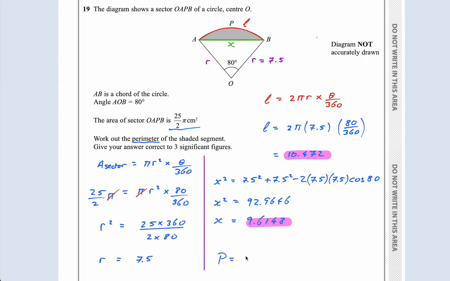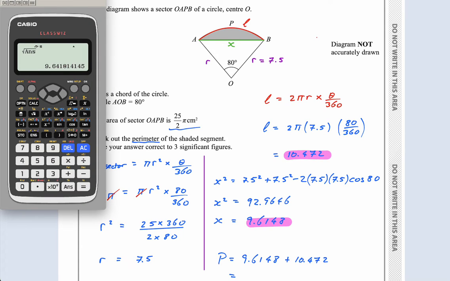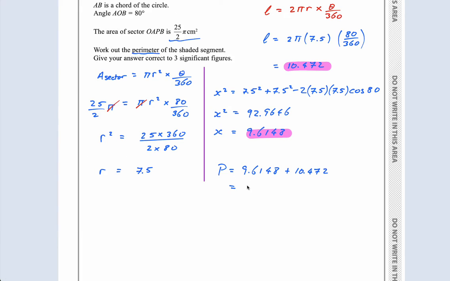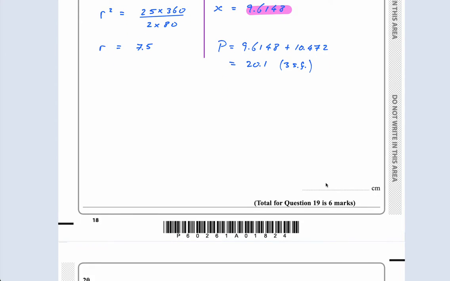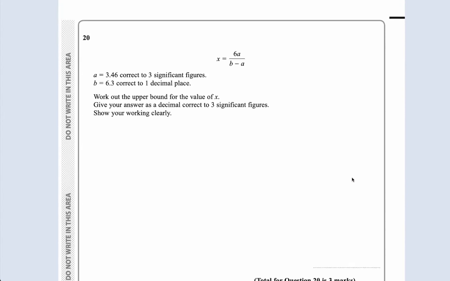So the perimeter P is equal to 9.6148 plus 10.472, which equals 20.11, and he wants it to 3 significant figures, so I'll just go with 20.1. I'll write here 3 significant figures, and here I'll write 20.1. Okay, that's question 19.